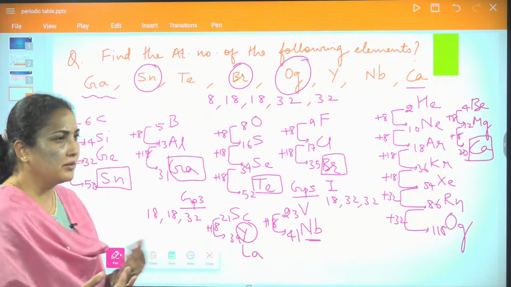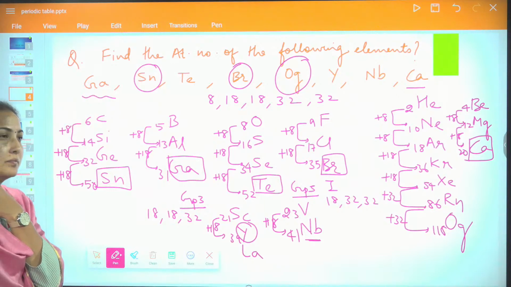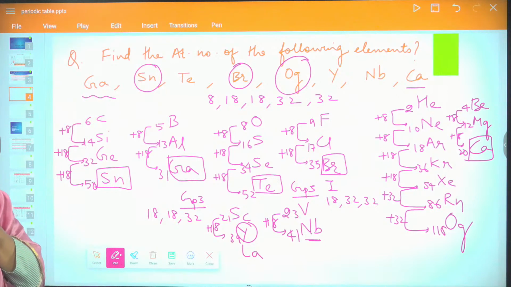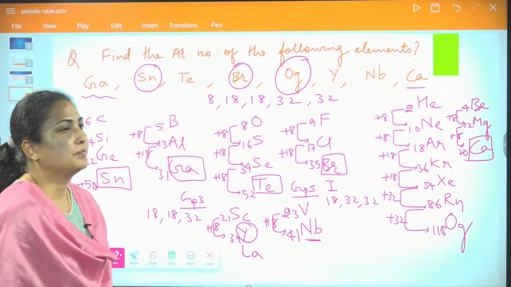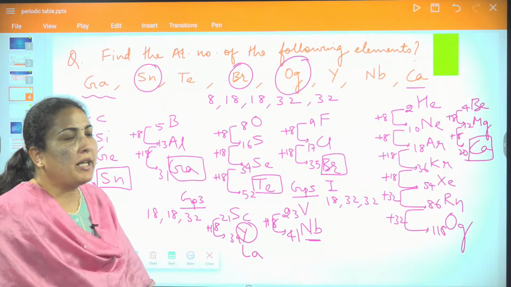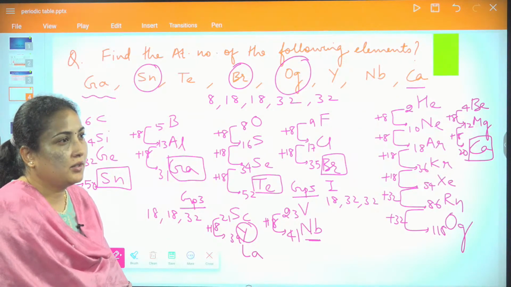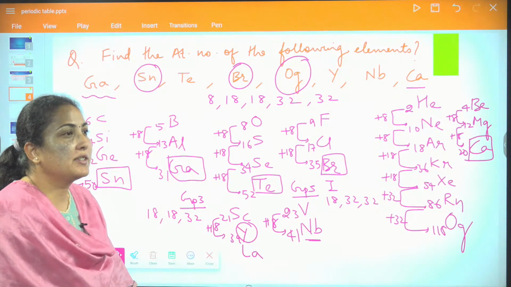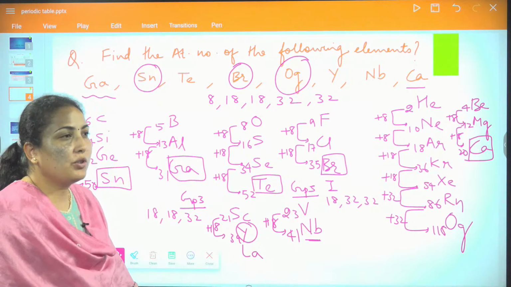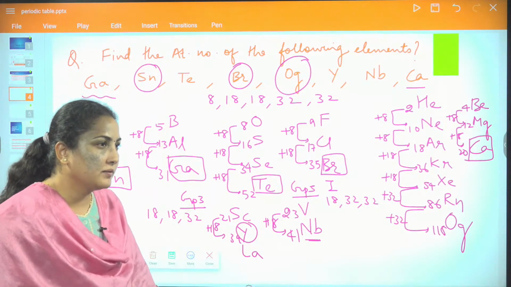Be it any element, except for the F block. We are just learning for S, P and D. I hope this is clear to everyone. Yes? Able to digest how the magic numbers work? What is the magic they are doing? But magic numbers will seem like magic only if you understand the thing. Otherwise, you will feel like these are just absurd numbers and they're not serving any purpose.